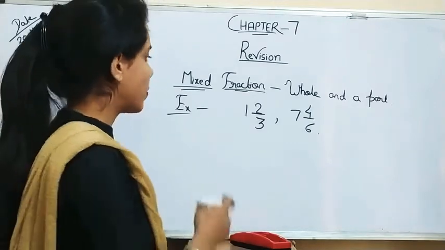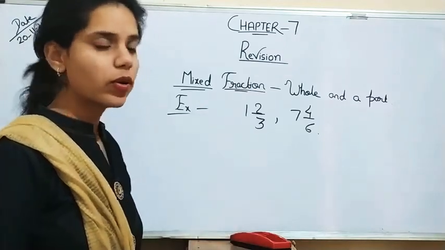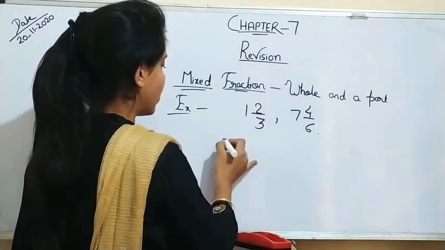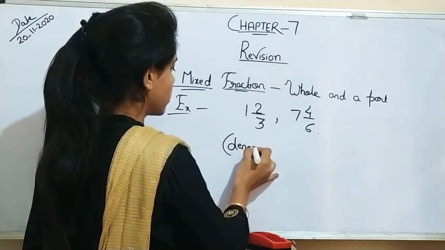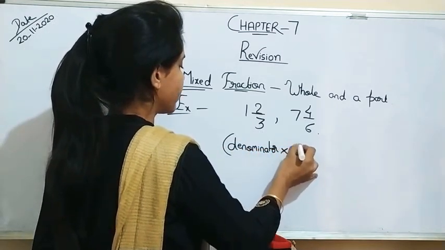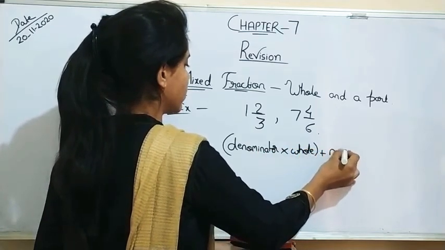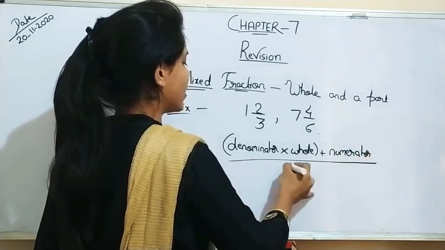Okay. Now the mixed fraction is this. To convert this mixed fraction into an improper fraction, you will have to multiply the denominator with the whole, add it to the numerator, and write that over the denominator.